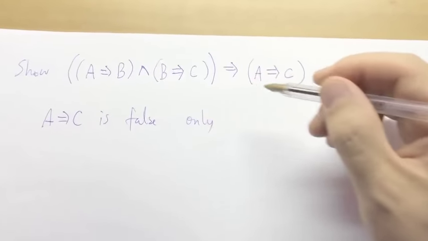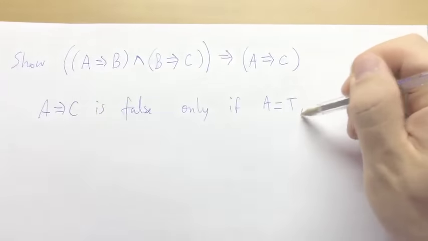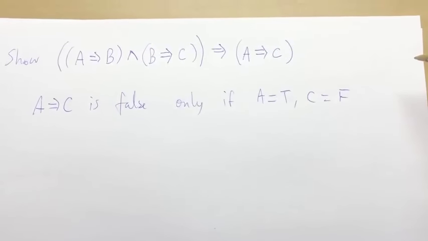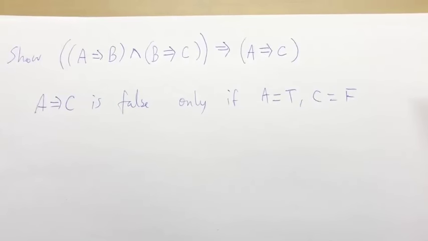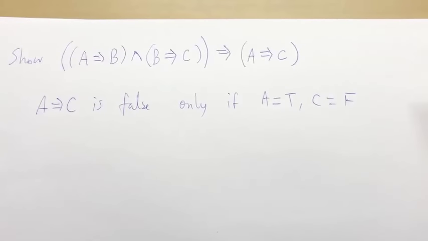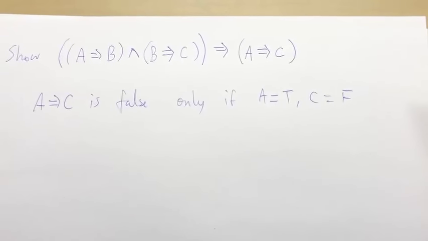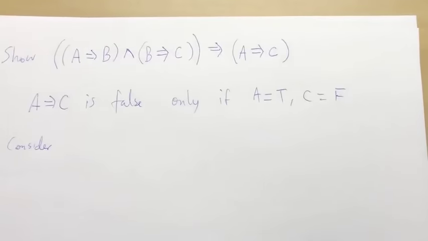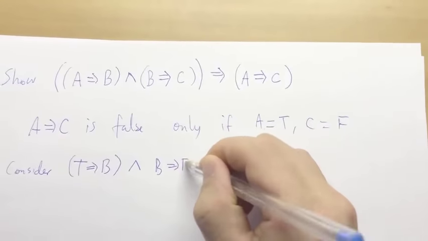only if A is true and C is false. Okay, that's the only way that could happen. So if A is true and C is false, okay, so we now consider true implies B is false.